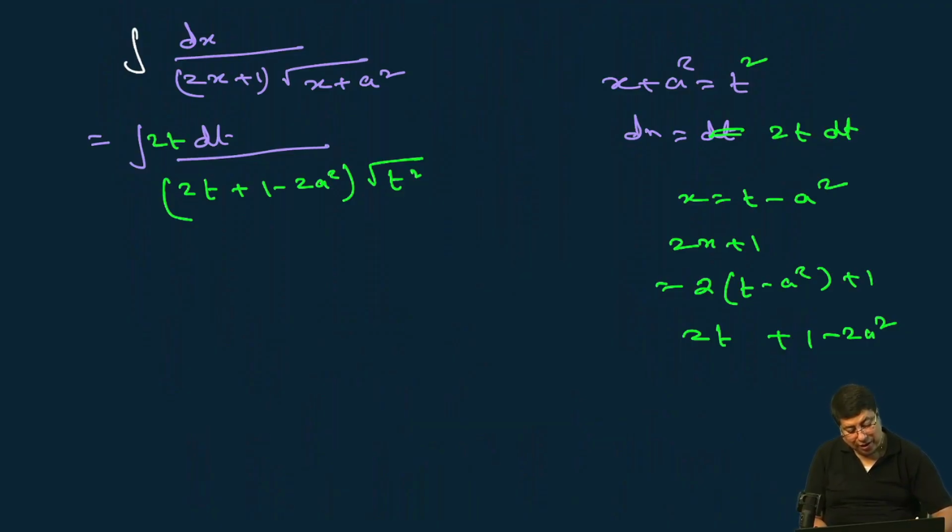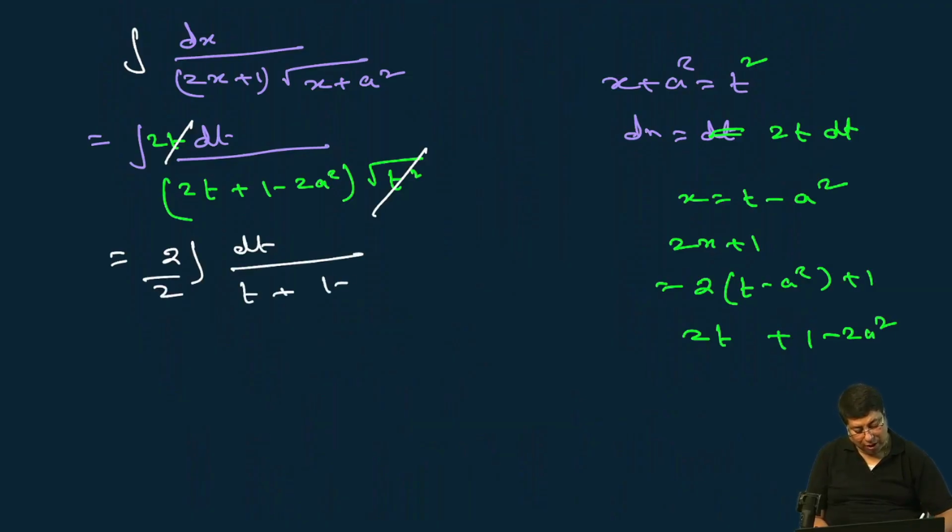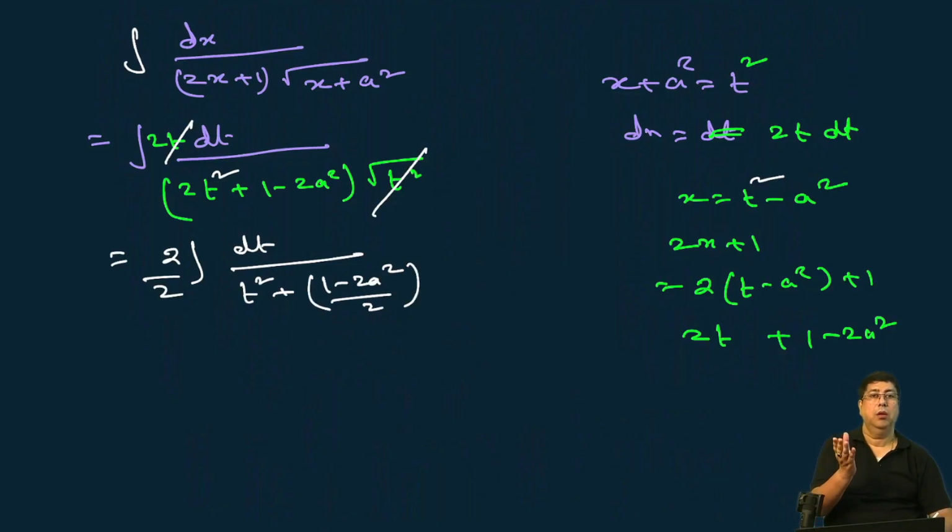So once again, this root over of t square is coming out as t and 2 is coming outside. Therefore, I can write here 2 dt, 2 take outside. So t square plus (1 minus 2a square) by 2. Whatever will be the constant, it is a constant number.